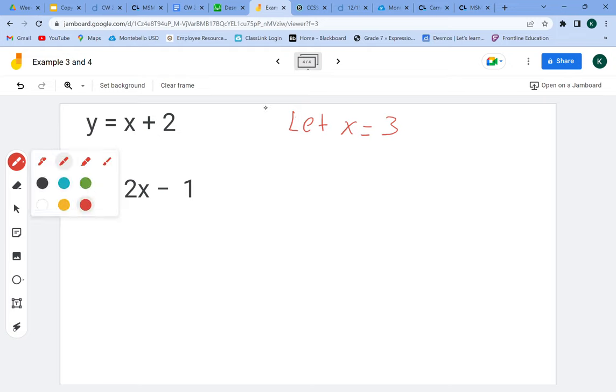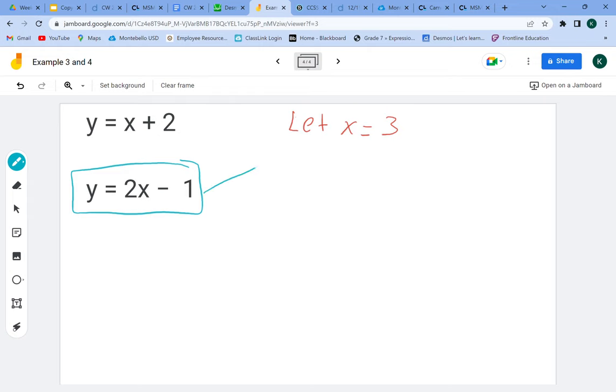Okay, so what I'm going to do is take this equation, because this is the one I've chosen, bring it over, y equals, I'm going to put 2, and since I'm replacing the x, I'm going to put parentheses, then minus 1. Okay, so this x equals 3, I'm going to plug it in right there, 3.